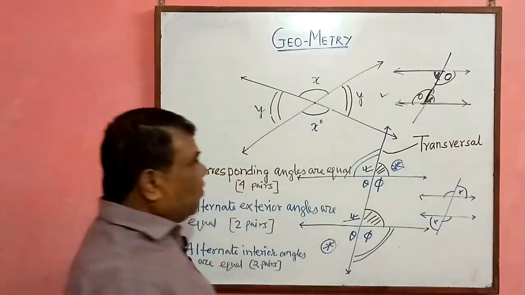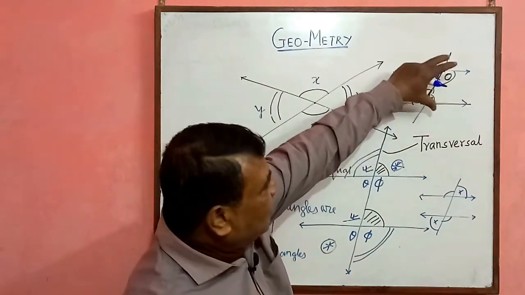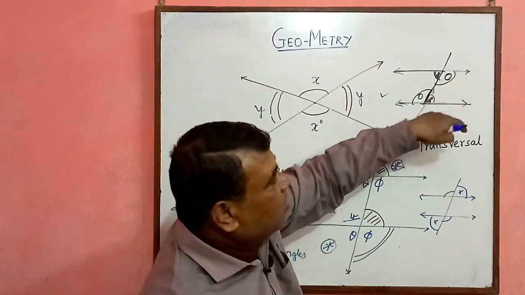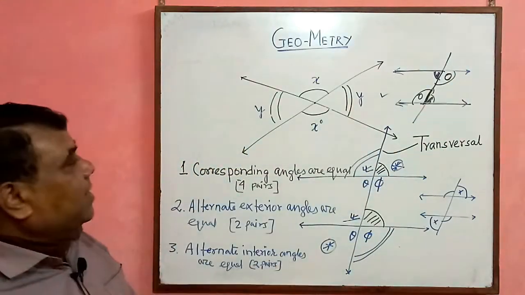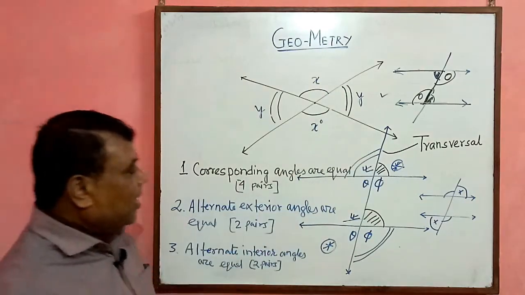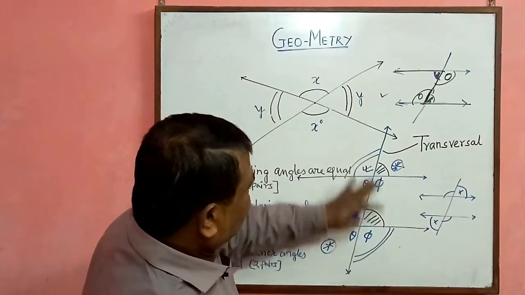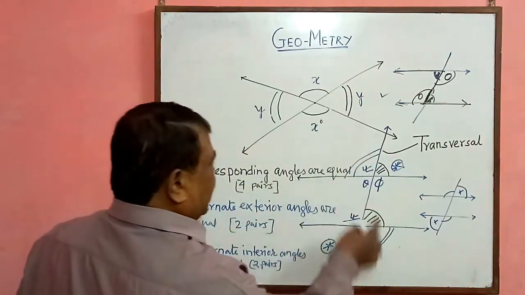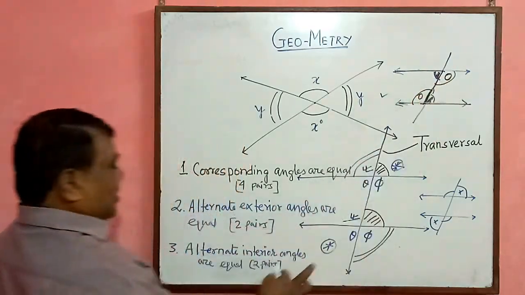So these are 2 pairs of alternate interior angles, because these angles are internally between the 2 parallel lines. The ones away from the parallel lines are exterior angles. So 2 pairs of alternate exterior angles are equal, and 2 pairs of alternate interior angles are equal.